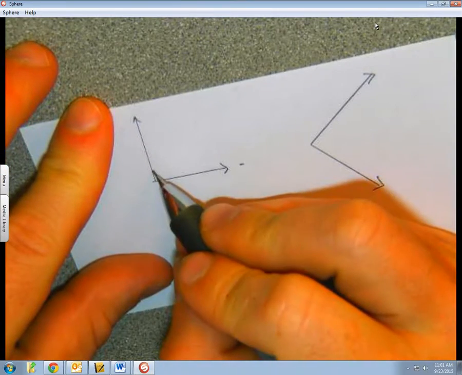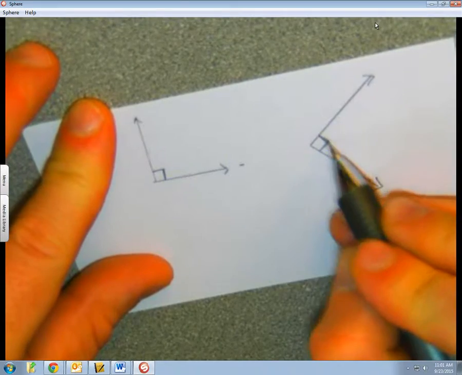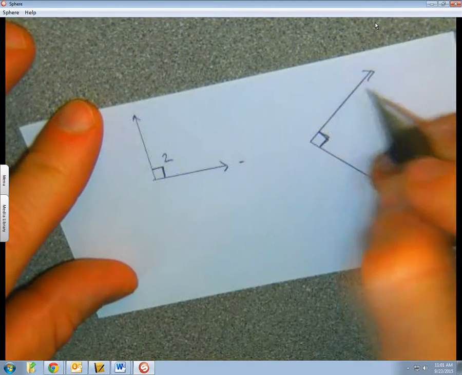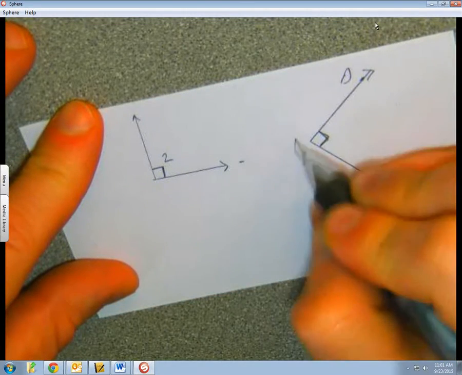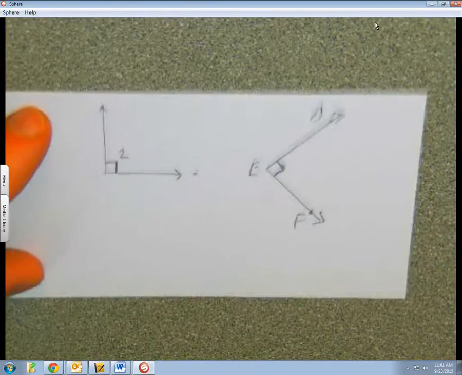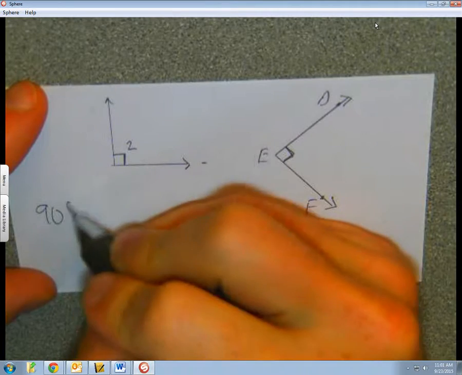And to say that it's right, we need to include that. Okay, so let's call this angle 2 and this angle DEF. So, right angles, 90 degrees exactly.